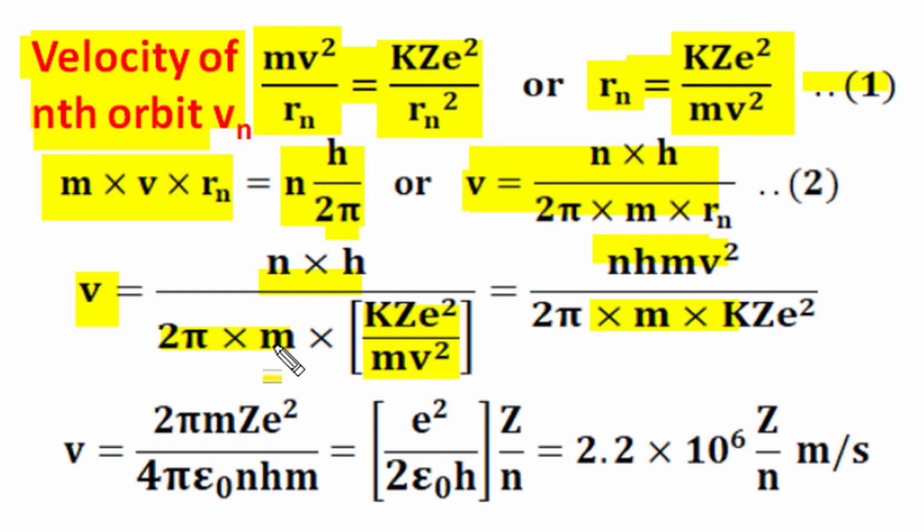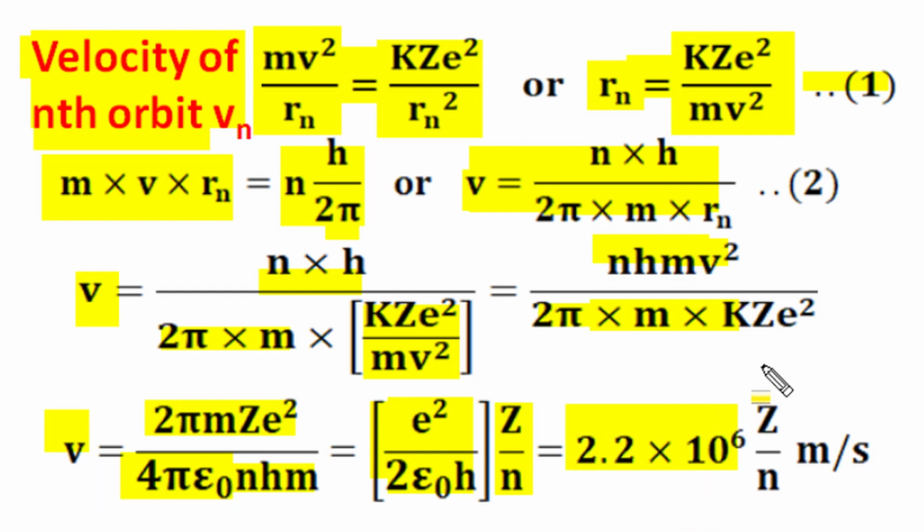V square with v gets simplified to velocity, and moving the denominator to the other side, we get 2 pi m Ze square, and the remaining term is nhm. In place of k we write 1 upon 4 pi epsilon naught, and when Z and n are brought out, the remaining expression after simplification is e square upon 2 epsilon h, where e is the electronic charge, epsilon is the permittivity of air, and h is the Planck constant. All are constants, and this constant when solved gives the numeric value 2.2 into 10 to the power 6 meter per second.